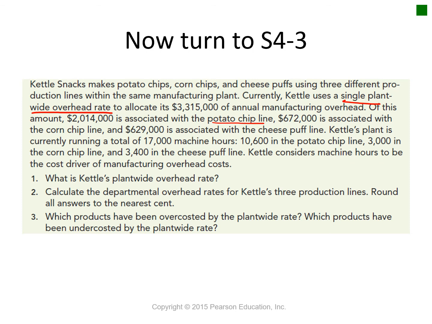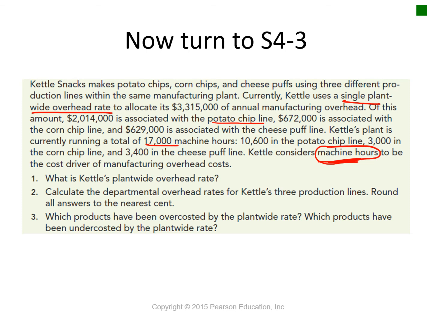Kettle's plant is currently running a total of 17,000 machine hours, 10,600 in the chip line, 3,000 in the corn chip, and 3,400 in the cheese puff. Kettle considers machine hours to be the cost driver of manufacturing overhead costs. So right now, their overhead rate is based on machine hours only.